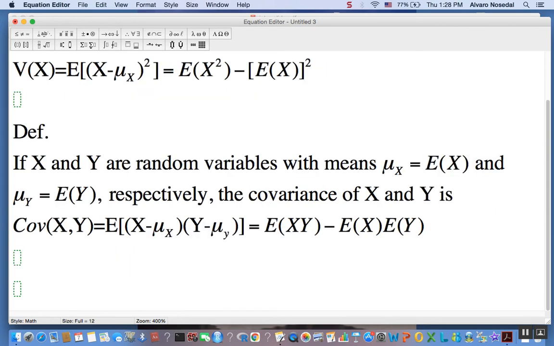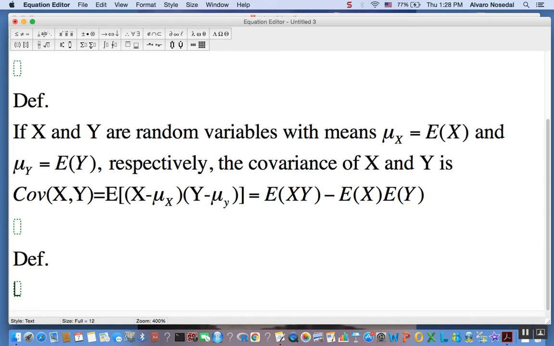So again, another one that I'm sure you saw back in probability theory is the correlation coefficient. The correlation coefficient is basically just a standardized version of the covariance.